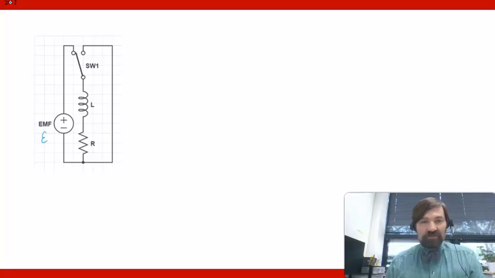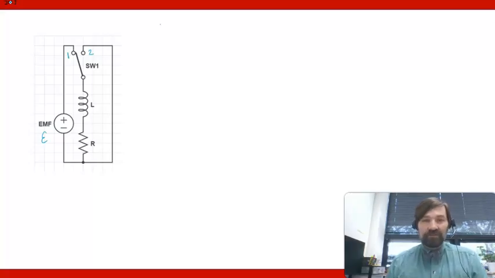So we call this position 1 and position 2. In position 1, the inductor and the resistor are in series with the battery or other EMF source. In position 2, they are not in series with the battery, but they are in a closed circuit.